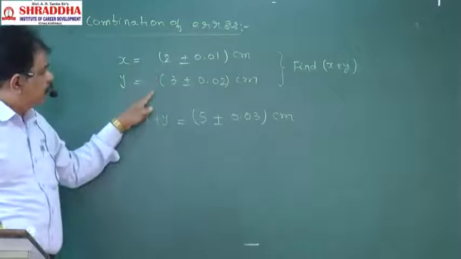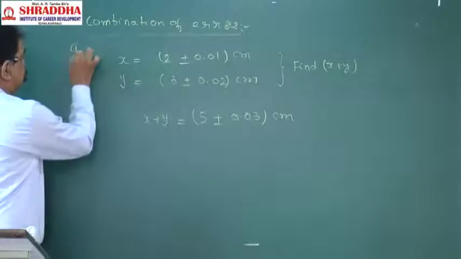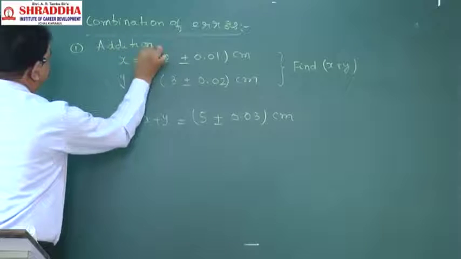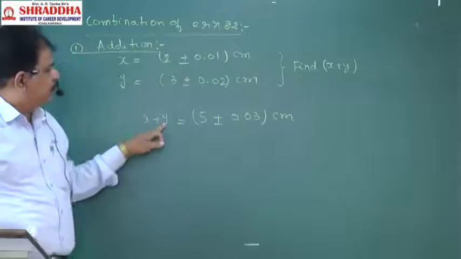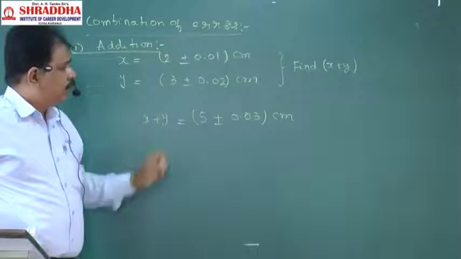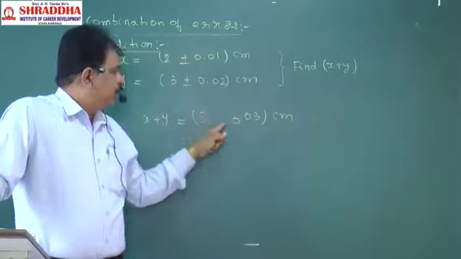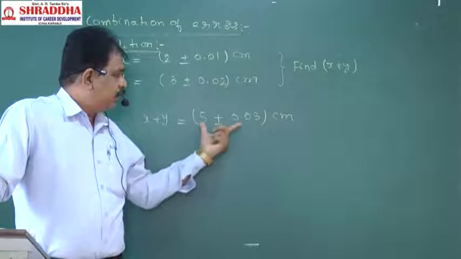Two values are given. Find x plus y. This is related to addition. What you have to do? x plus y is equal to 2 plus 3, that is equal to 5, plus or minus 0.03. So that is the error.